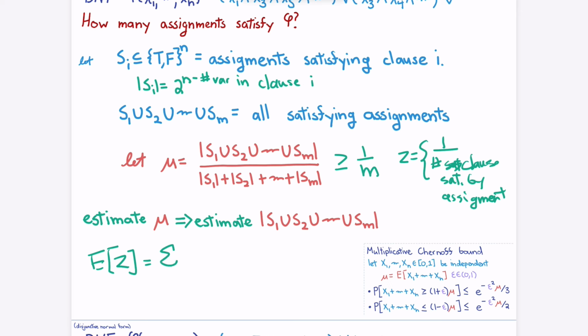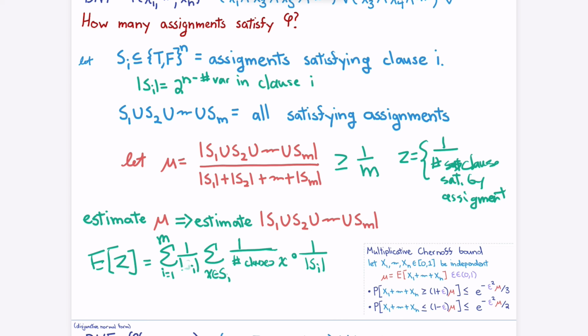So if we sum over all the clauses 1 to m, with probability 1 over the size of S_i I sampled this thing, and then we sum over all of the assignments x in S_i, 1 over the number of clauses for x. Okay, so this is wrong.